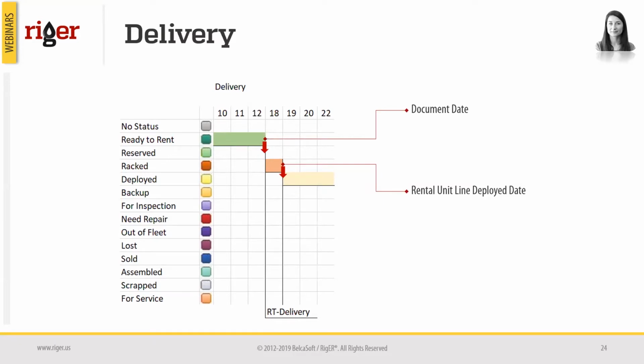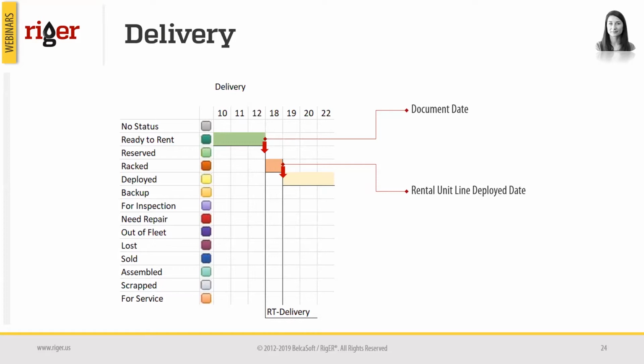And when the deployment date comes up, the unit will be changed to the status deployed. Or in another scenario, you can set the same date for delivery and deployed, and the unit will be delivered and deployed right away. So the status will be changed from ready to rent to deployed.